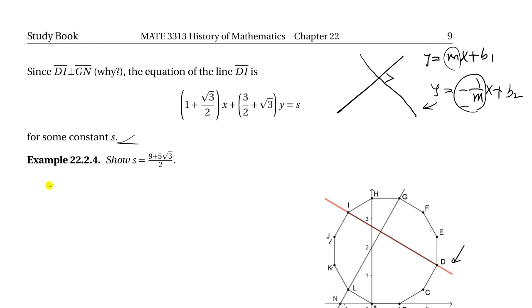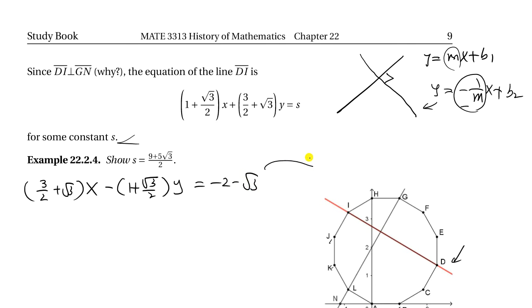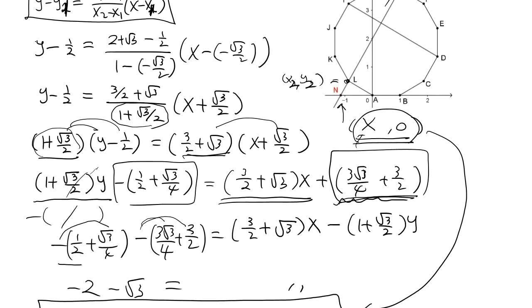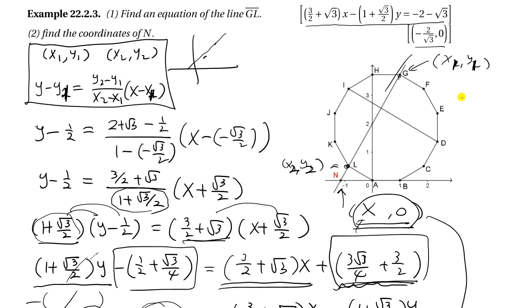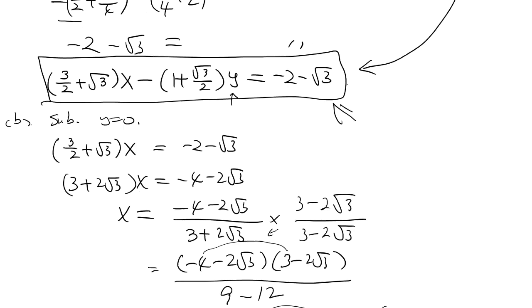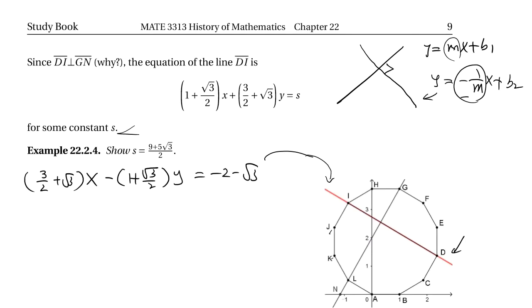That one was (3/2 plus square root of 3) x minus (1 plus square root of 3 over 2) y equals negative 2 negative square root of 3. That is the equation for this one, right? It was GL, sorry. Yeah, that one is for line GL.